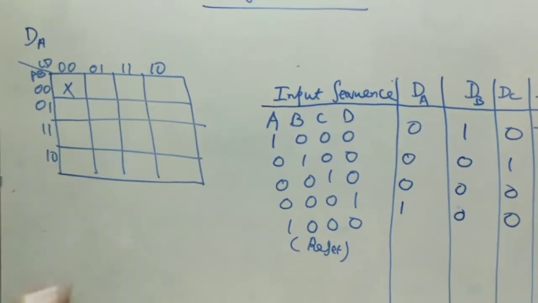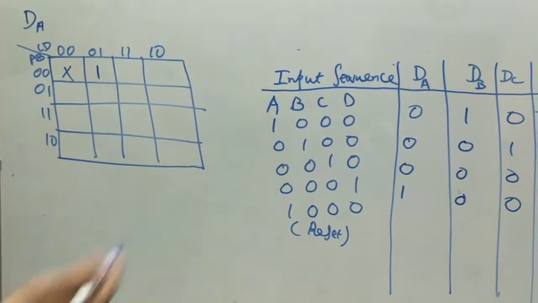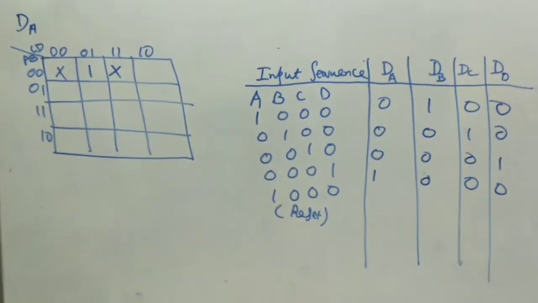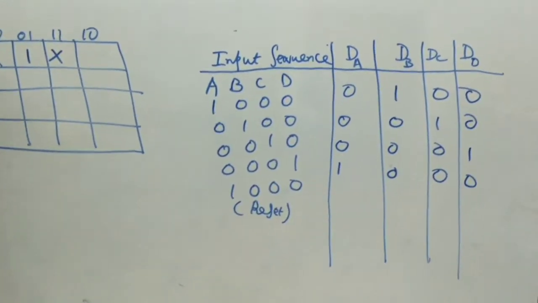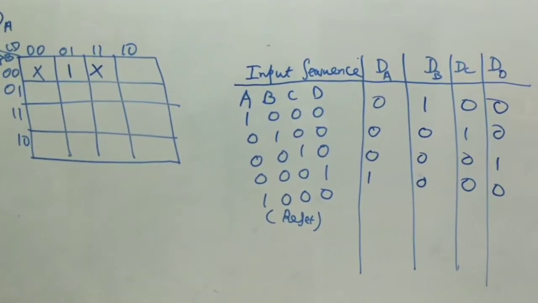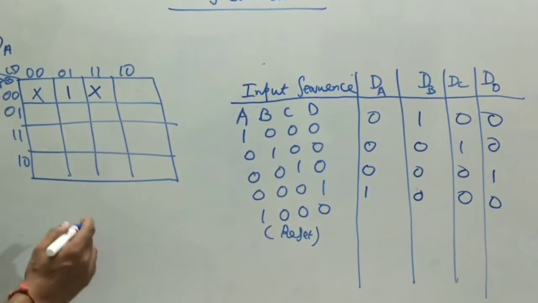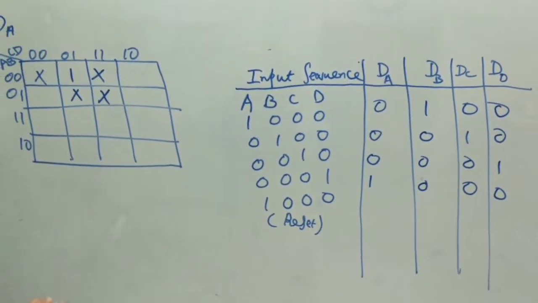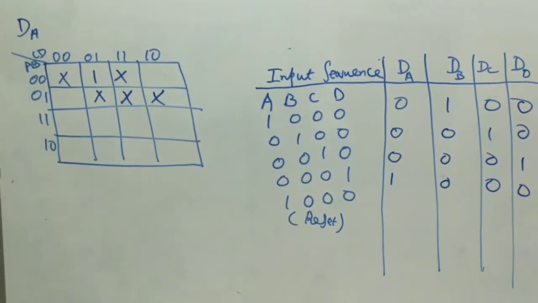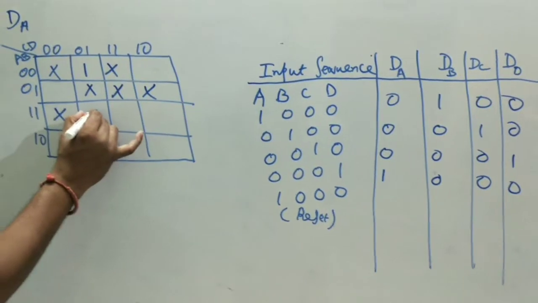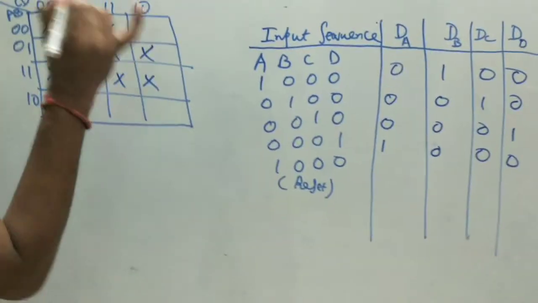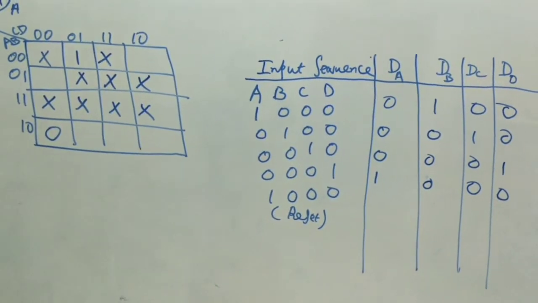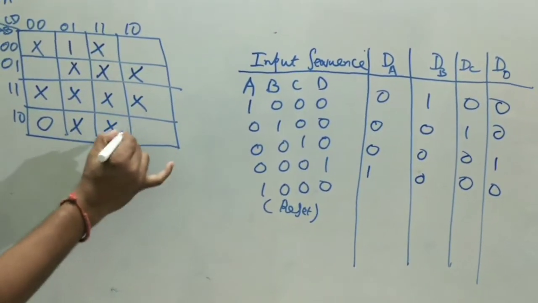0 0 0 1 is 1. 0 0 1 1 is not part of the sequence, so don't care. 0 0 1 0 is 0, we won't plot it. 0 1 0 0 is 0, we won't plot it. 0 1 0 1, 0 1 1 1, 0 1 1 0, 1 1 0 0, 1 1 0 1, 1 1 1 1, 1 1 1 0, 1 0 0 1, 1 0 1 1, 1 0 1 0 are don't cares.